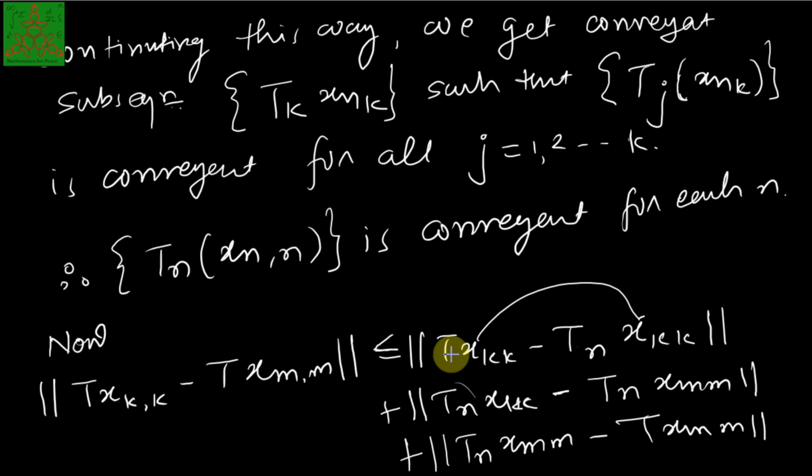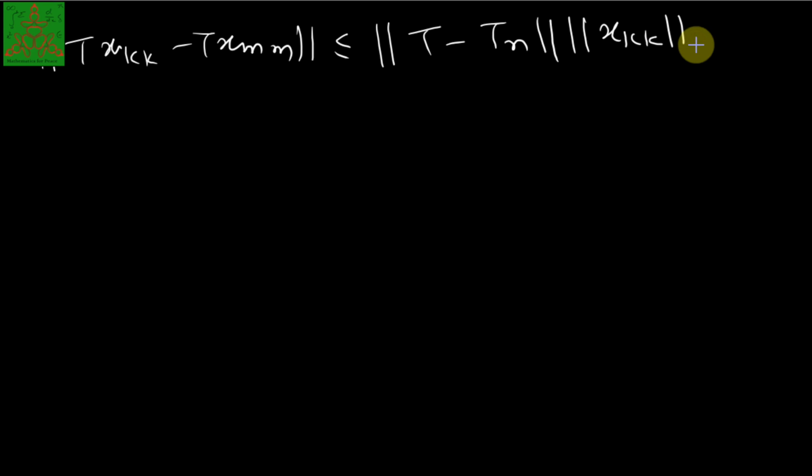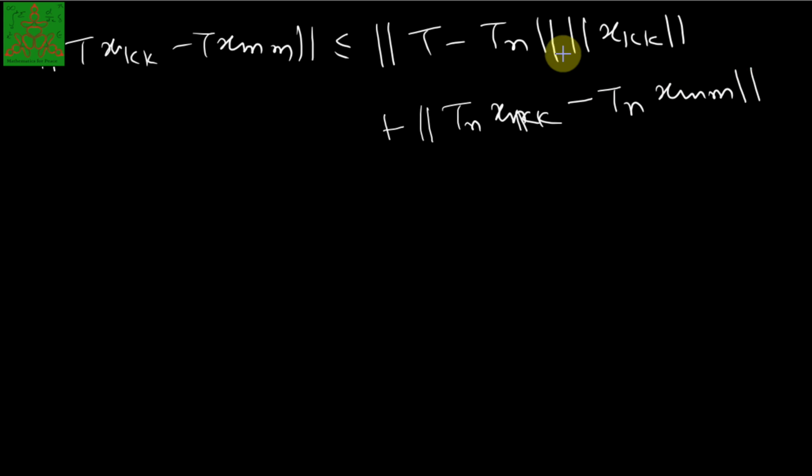That comes from that. So that's why this is less than or equal to this one plus the norm of Tn x_{kk} minus Tn x_{mm}, which is as it is.